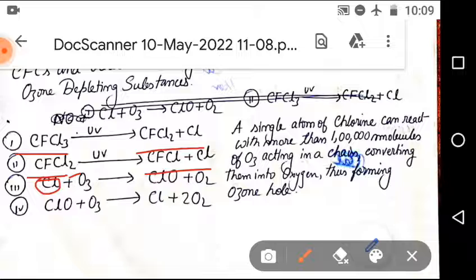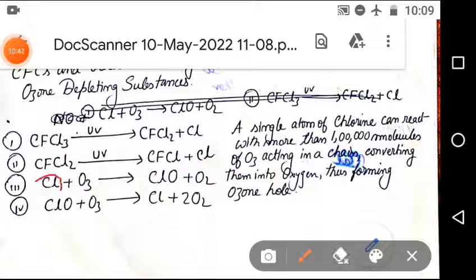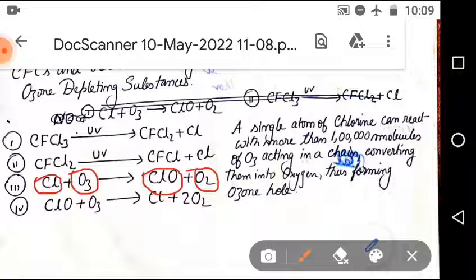So here you can see that the chlorine, which is a halogen, is interfering with the ozone layer and breaking it to form ClO and molecular oxygen. So ultimately it breaks the ozone layer to form molecular oxygen. This same ClO is again breaking the ozone to form Cl and 2O2.